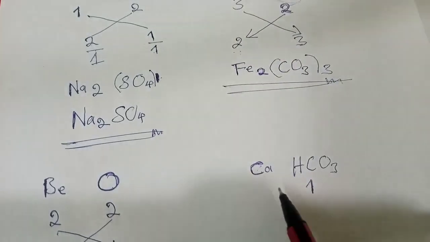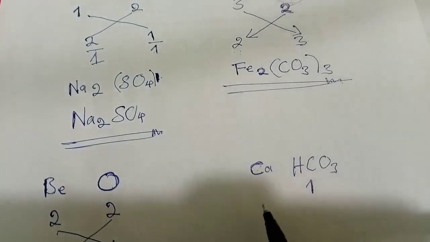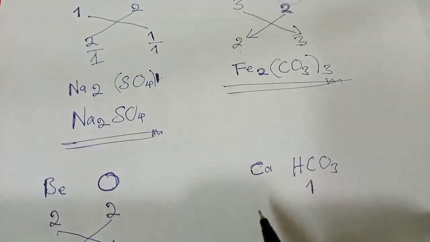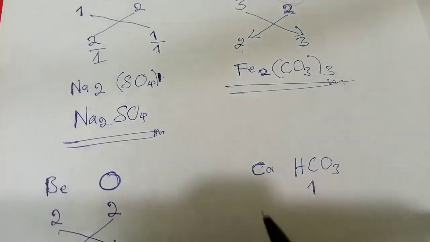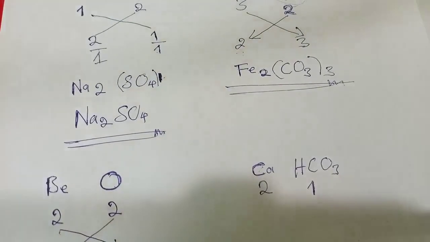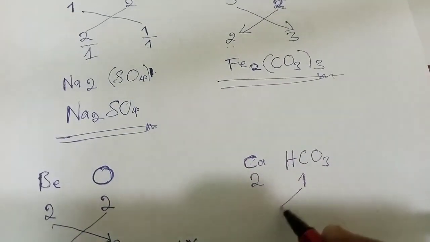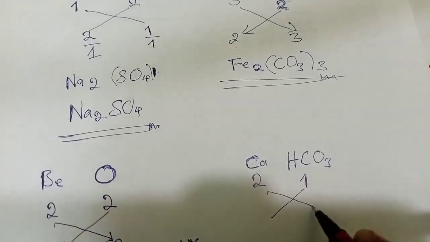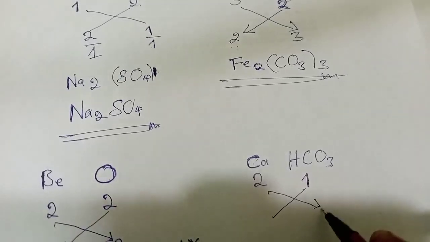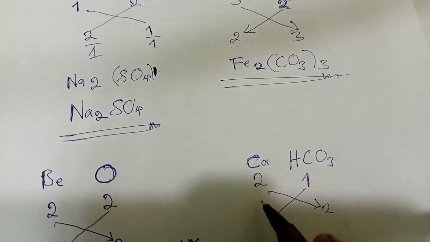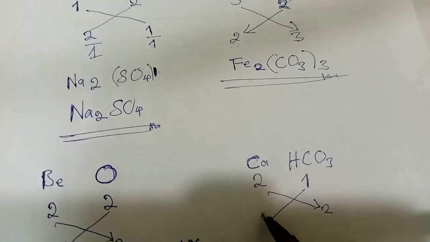Then the valence number of calcium, since calcium is in group 2, is 2. So when these swap their valence numbers, the 2 comes here, then the 1 comes here.